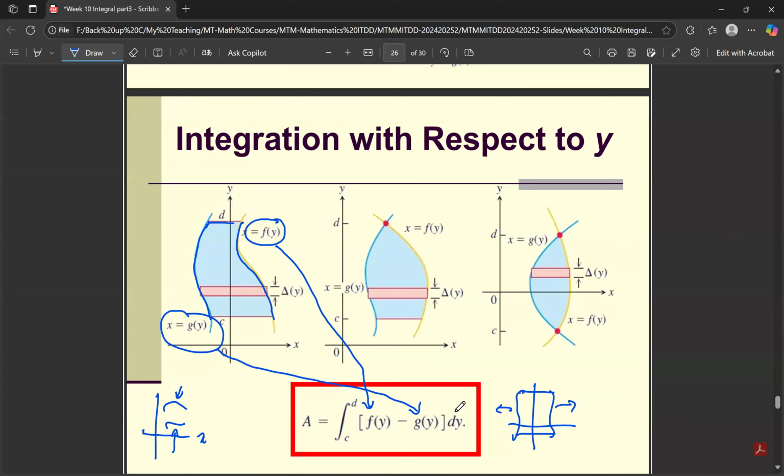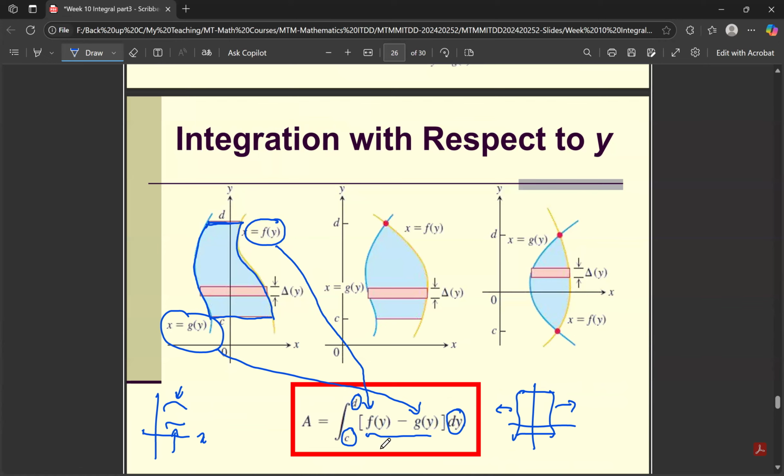For the integration with respect to y, the differential must use the y variable, and the functions should be in the y variable also. This is the horizontal line y equals c, and this is the horizontal line y equals d.